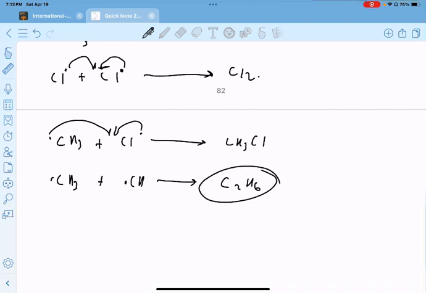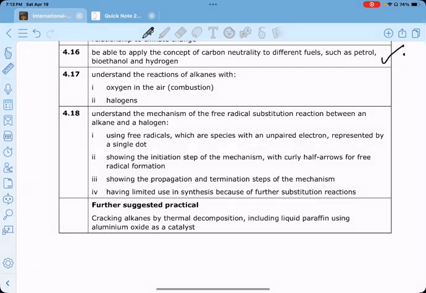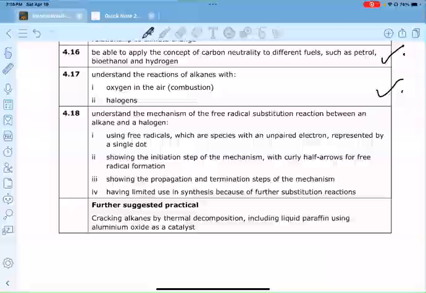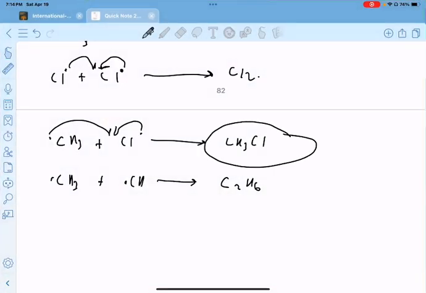This is our ethane. We can take this. Have we done this as well? We have found all of these apart from the last one, having limited use in synthesis because further substitution reaction occurs. Okay, we've talked about it in our steps. But one more thing we have to remember is this is only for one chlorine being substituted.